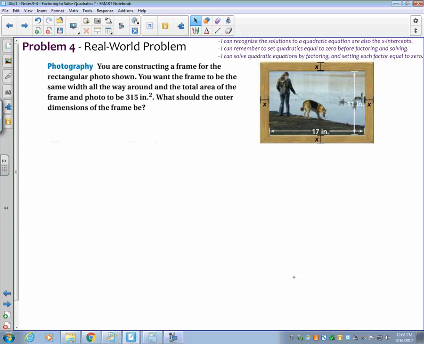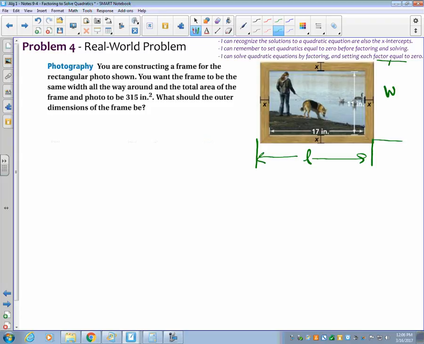Okay, so we need to find the area of this whole thing. So we look and we go, well, area of a rectangle is length times the width on this.